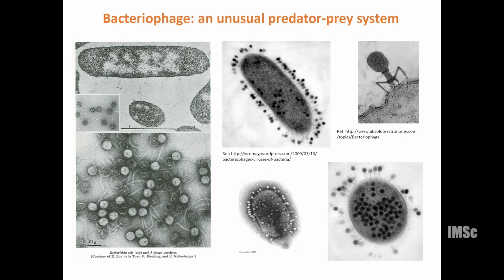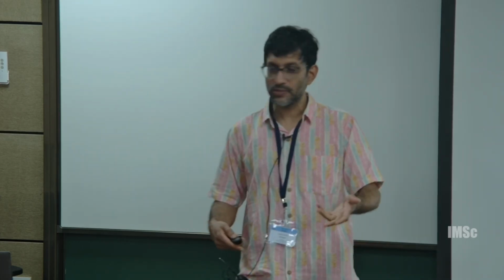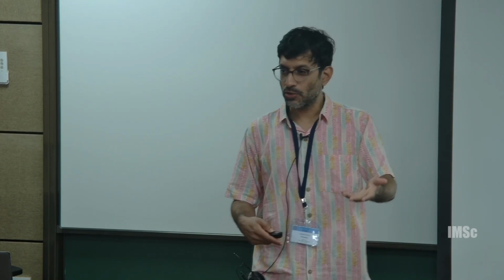They inject their DNA inside the bacterium, and this DNA starts producing various proteins. It uses the machinery of the bacterial cell, all the proteins and all the stuff that the bacterial cell uses to replicate its own DNA and to produce proteins. It uses that to produce its own stuff and to replicate its own genome and eventually make lots of copies.